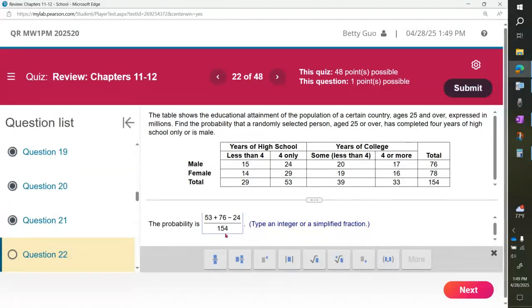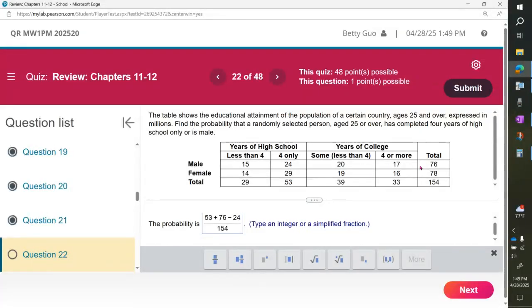Denominator 154, total number of items, total number of subjects in the experiment. Numerator, the first number only concerns the first event. We need to find how many of the subjects completed the 4-year high school only. 4-year high school only, 53 of them. And the second number only involves a gender.